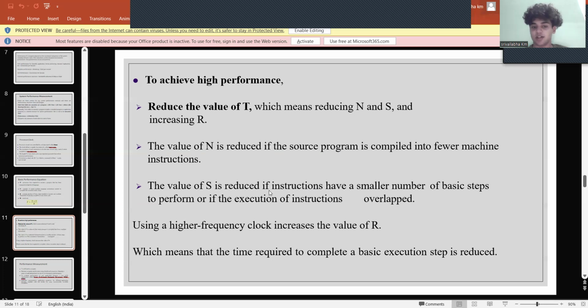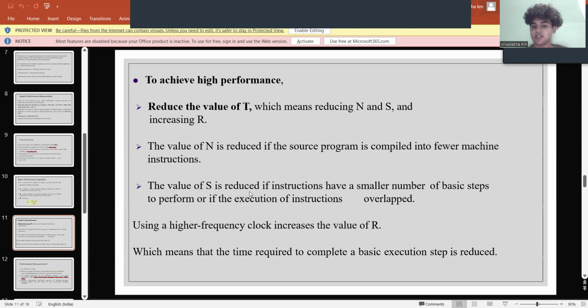The value of S is reduced if instructions have a smaller number of basic steps. If the source program is compiled into fewer machine instructions, the value of N will be reduced, and with fewer basic steps to perform the instructions, the value of S will be reduced.